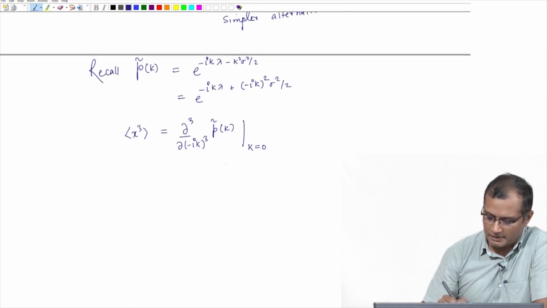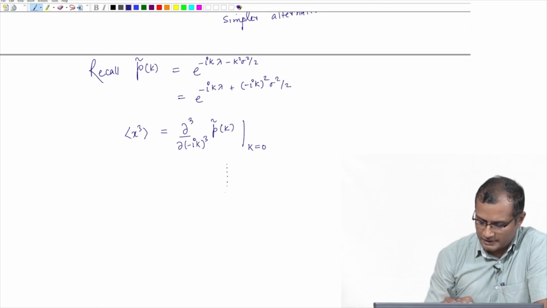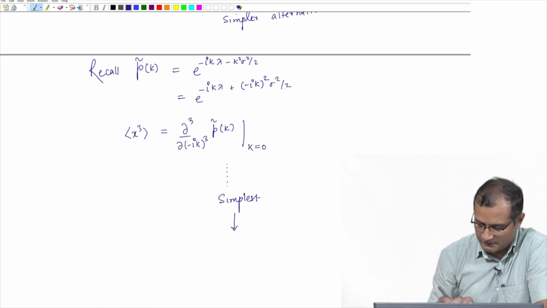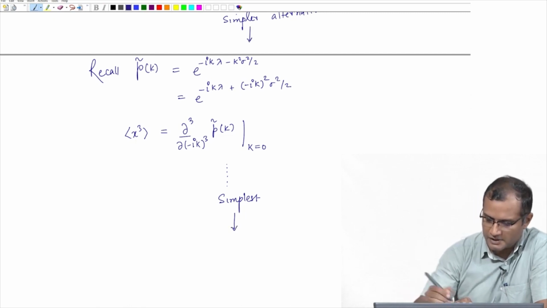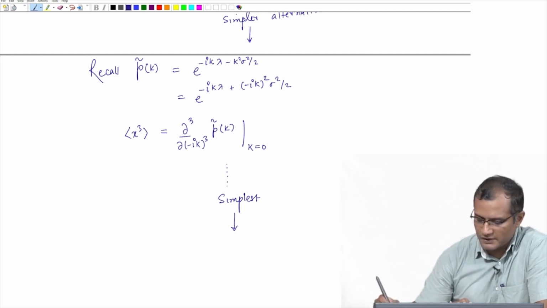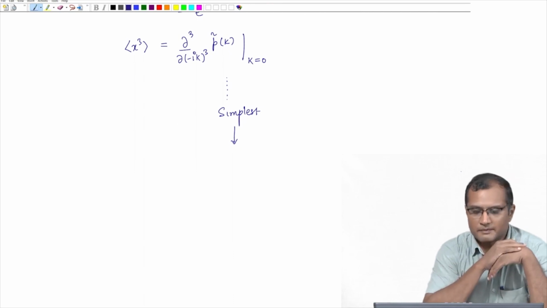And even simpler, probably I will call the simplest method, is the following. This was the simpler method, and I would argue that the simplest method is a combination of both characteristic functions and your diagrams.